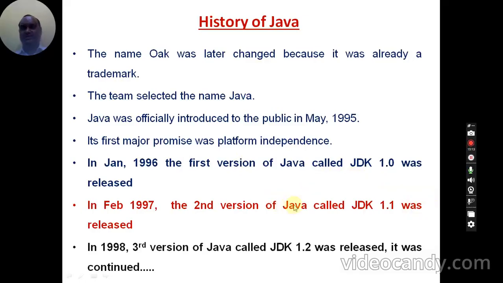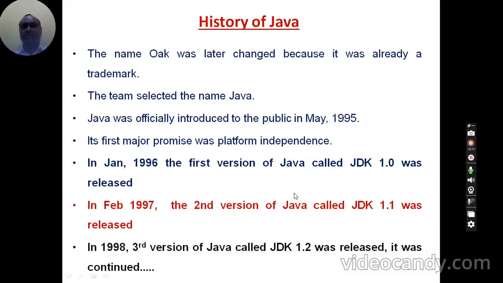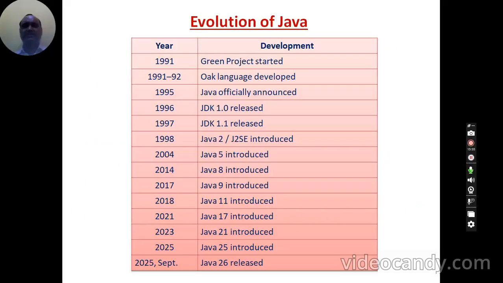Then again one year after that, in 1998, they came up with the third version of the Java language, JDK 1.2, which was renamed Java 2. JDK 1.2 is also called Java 2. Like that, with every version, new features were added and the Java language was released.